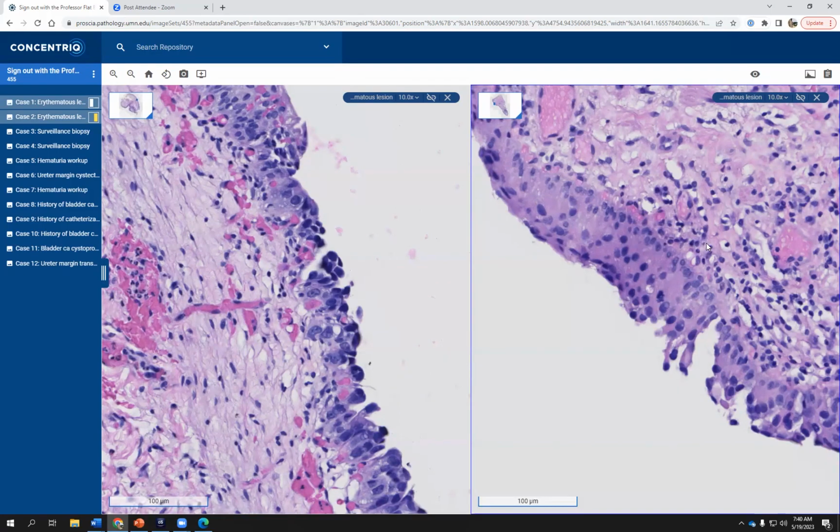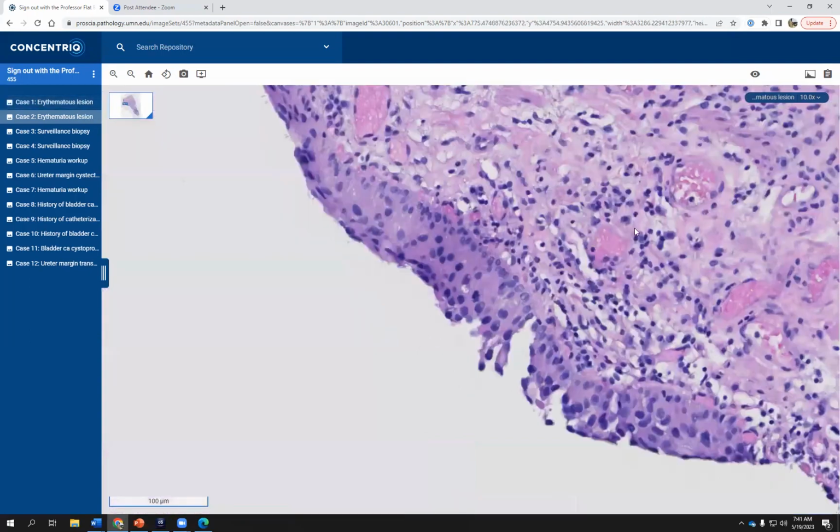Okay, this might seem paradoxical to some because when we have so much cytoplasm, the nuclear cytoplasmic ratio that we use so much for cytologic diagnosis of urothelial carcinoma may be very low, right? Not high as we see in this case, but this is also a type of carcinoma in situ in the bladder.